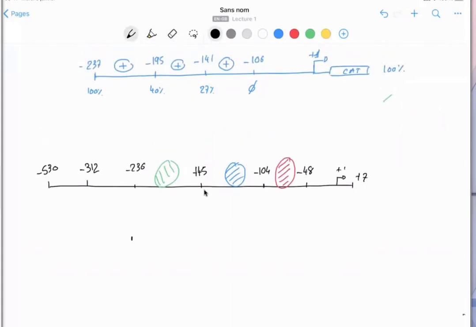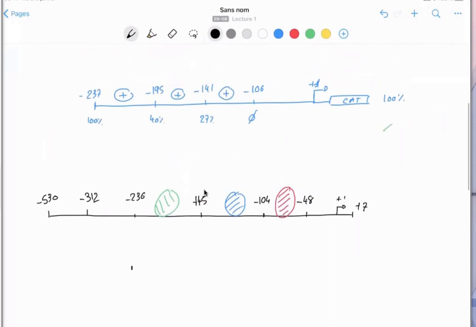What we can do also, you remember what is written in blue on the top is the result of the reporter gene activity measures. And this is the result that we have for the gel shift assay. But you will see that we can make a parallel between the two, because this position 106 corresponds to almost 104. This one is very similar to here.